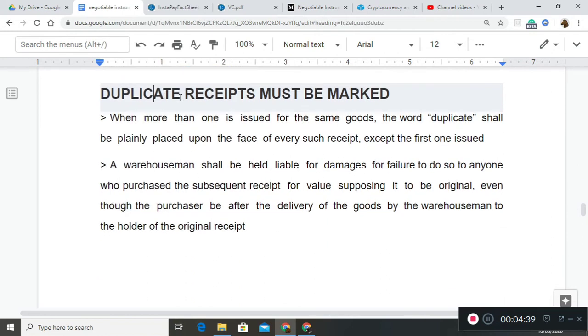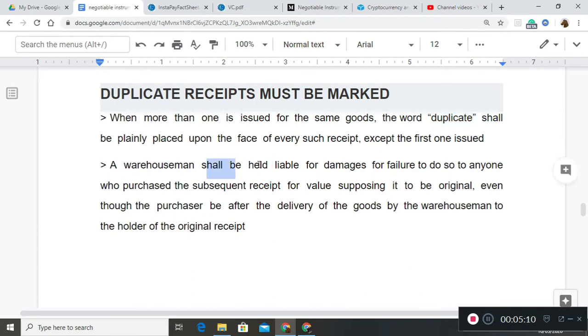Now, there will be duplicate receipts. However, the word duplicate shall be plainly placed on the face of every such receipt, except the first one issued. So if you have triplicates, then the first page would have no label, but the subsequent copies, second and third, should have a label as duplicate.